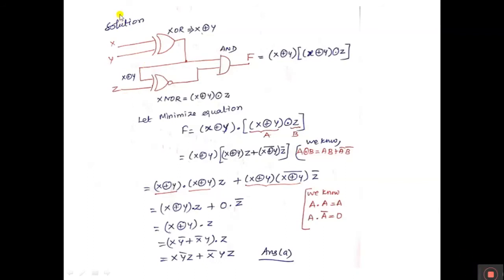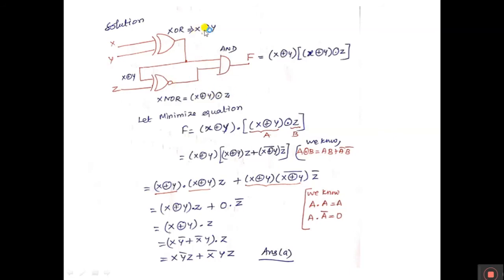So given circuit diagram here, this is XOR gate and this one is XNOR gate and this is AND gate. Right? You know the equation of XOR gate, X XOR of Y. Here the output of XOR gate is connected as the input of XNOR gate. So I can write it as X XOR of Y and XNOR of Z. Right?